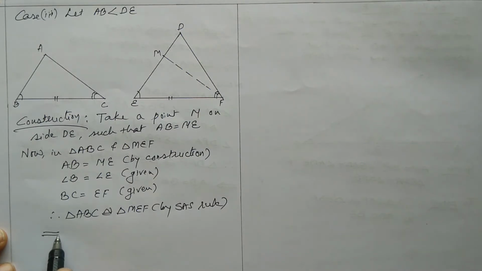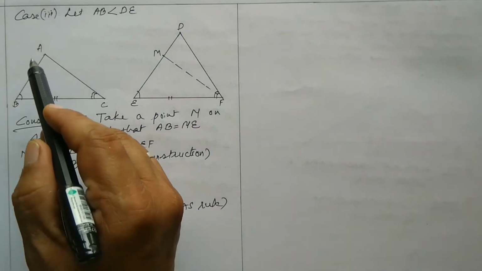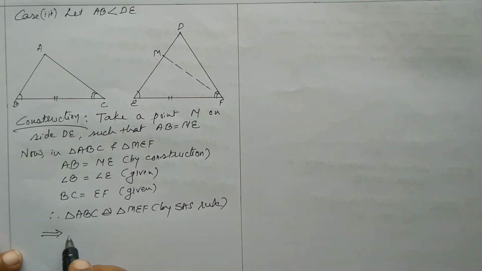So this implies that angle MEF is equal to angle ABC. We will write here CPCT. So angle ABC is equal to angle MEF.